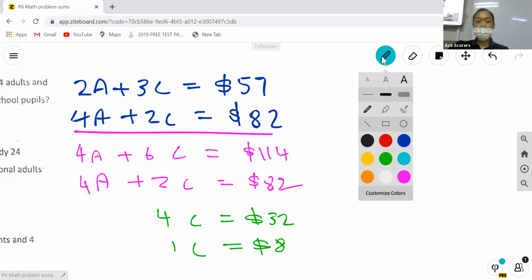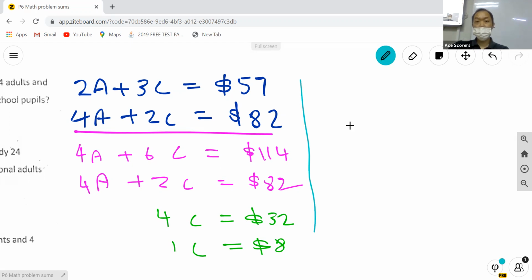It's like one cup of bubble tea. Now we can find what is an A. Two children will be 16, so I take 82 minus 16. That will be 66. So 66 is for 4 adults.